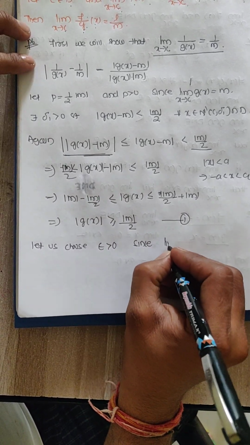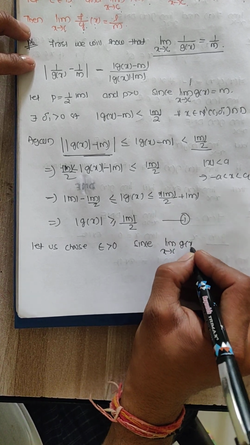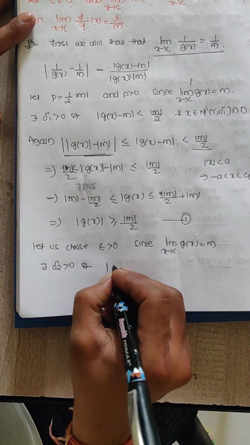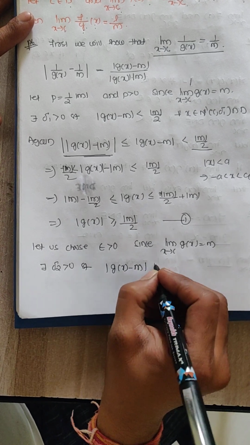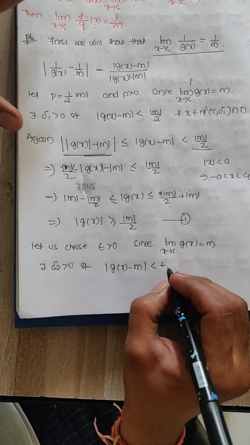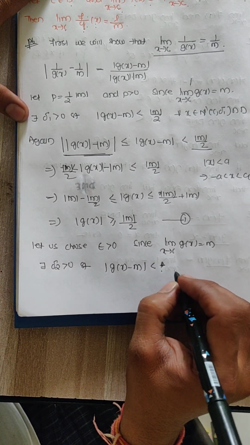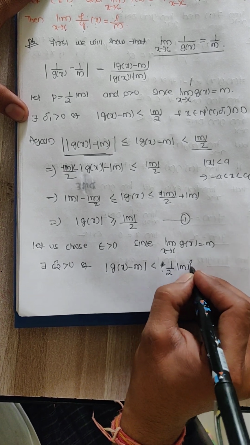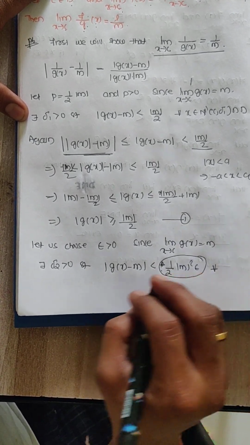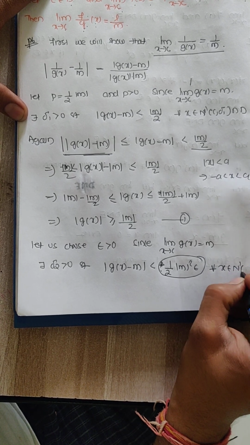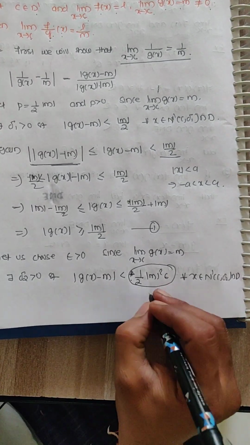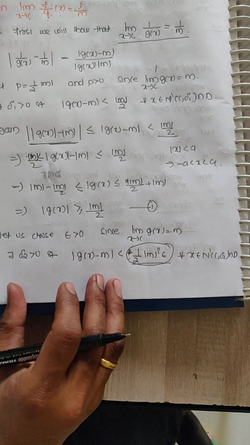Since limit x tends to c, g of x is m, there exists delta 2 positive such that mod of g x minus m is less than something, which we will take as 1 by 2 times mod m square into epsilon, for all x belongs to the deleted neighborhood of c of radius delta 2 intersection with D. Why we have chosen this number, I will discuss later, purely in discussion.